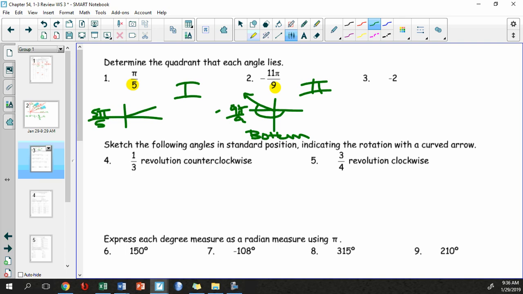So if I want 1/3 of a revolution, I literally want you to take your pie, your circle. Do you see your circle? And divide it into thirds. But which way are you going? You're going this direction. Okay? So here is where you're starting. I want 1/3 of my circle. So therefore, there's 1/3 of a revolution. Do we see it? Yes?